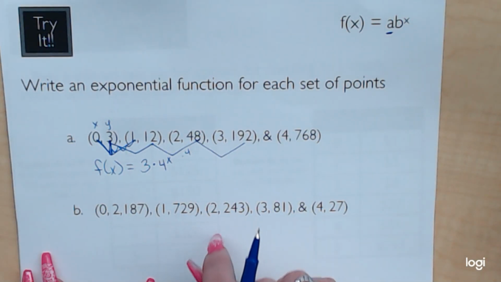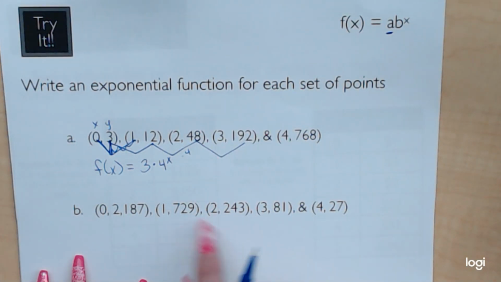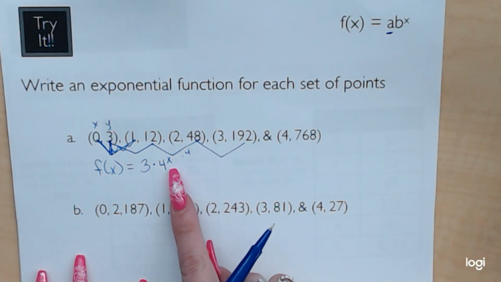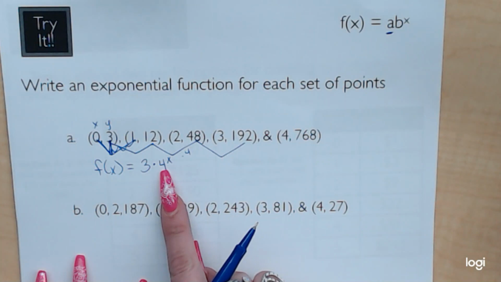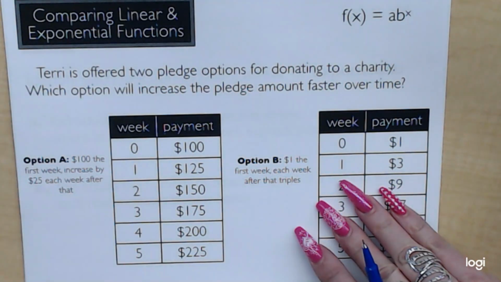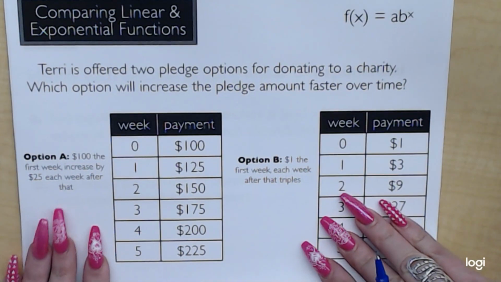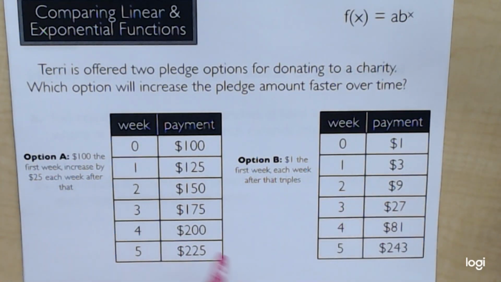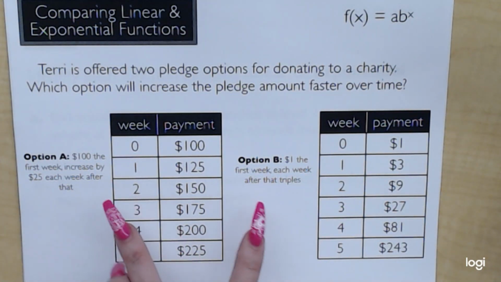So do the same thing here for this one. Again, if you're starting with bigger y's and going down, it must be a fraction for your base. After that, I want you to compare these.